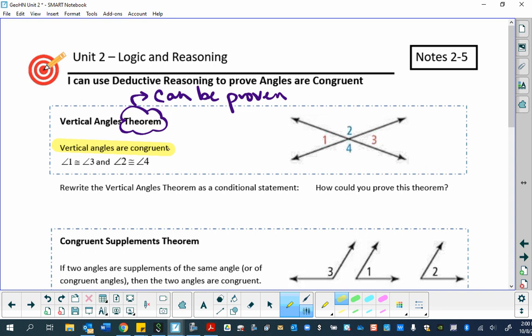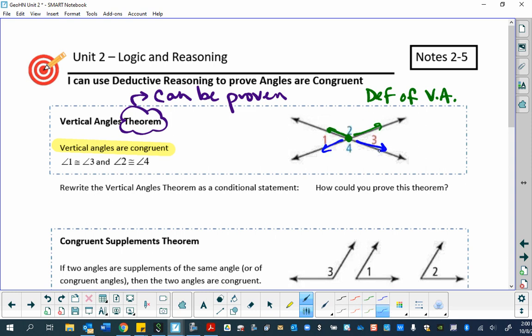You're like, we kind of already knew that, didn't we? No, we didn't. We've been kind of cheating the system so far. Here's what we did know. We knew that the definition of vertical angles was two angles that had a common vertex with no common sides.